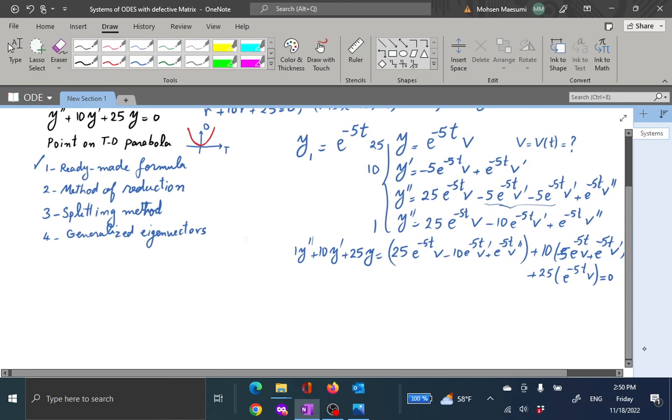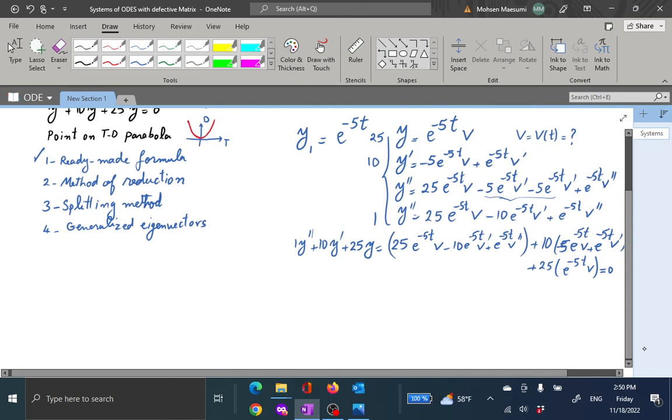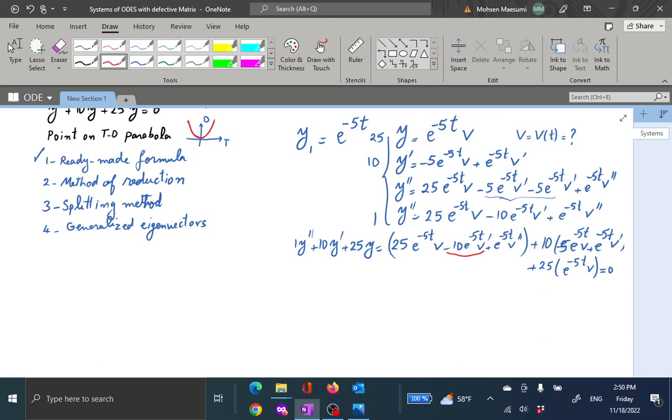Okay, now what? Well, now quite a bit of simplification is going to happen. Let's indicate it. So I have minus 10 here, and here's plus 10. They cancel each other out. I have 25 exponential of minus 5t times v, and then I have minus 50 here, and again plus 25 here.